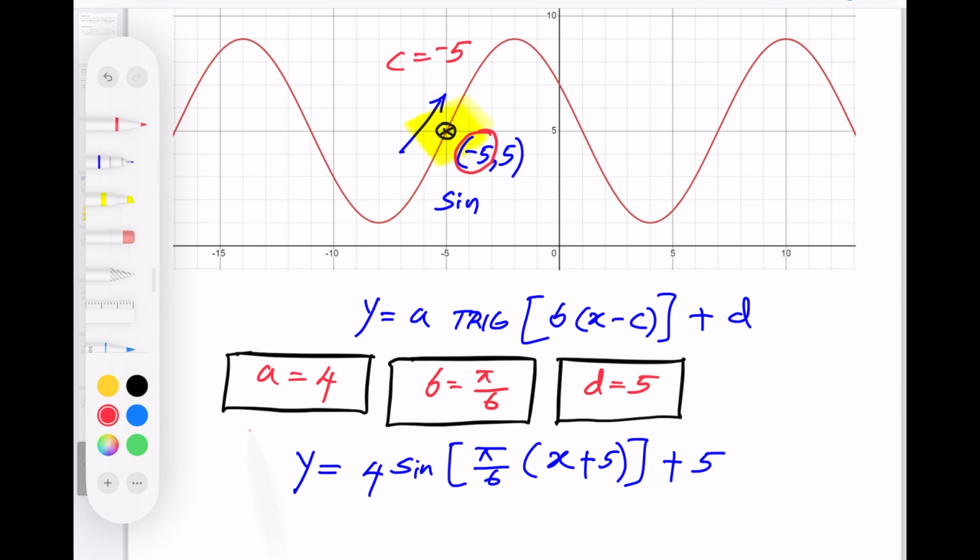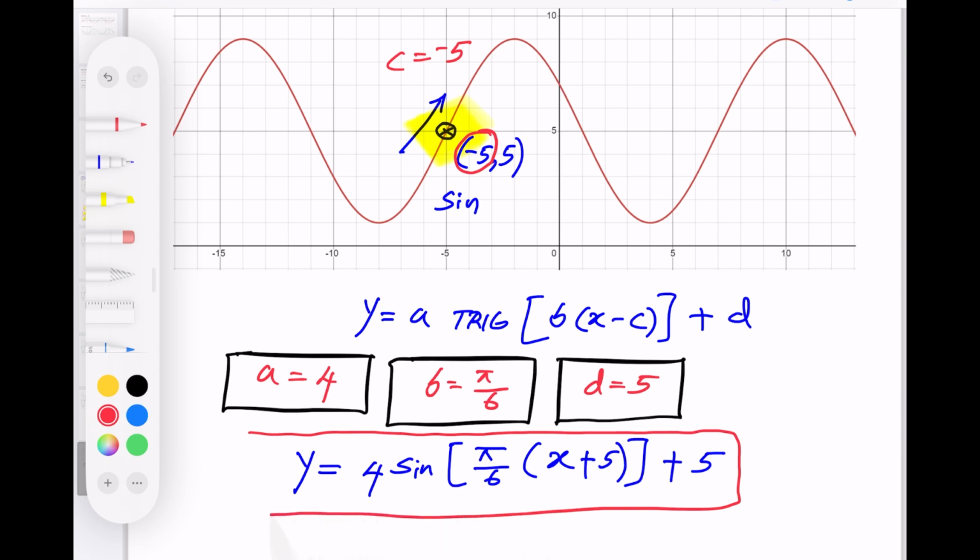This is the equation of the sinusoidal using the point negative 5 comma positive 5. Just like earlier, please draw this graph using Desmos and see if you get a function like this.